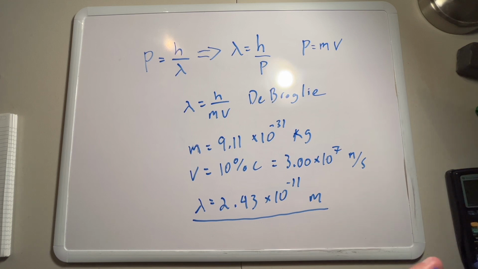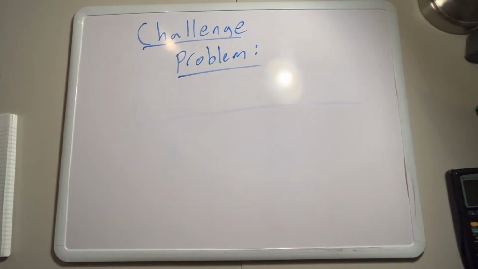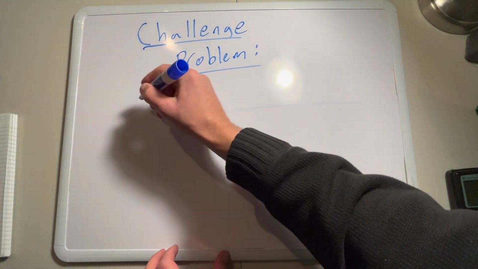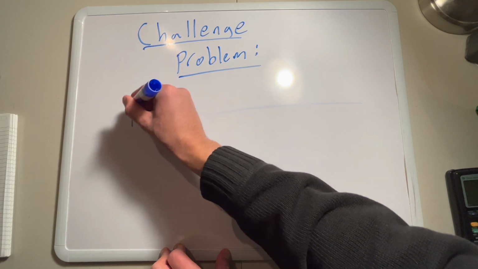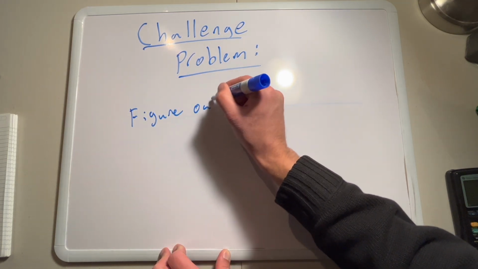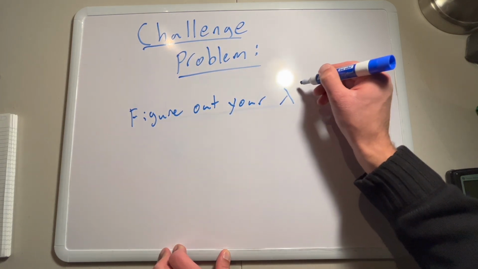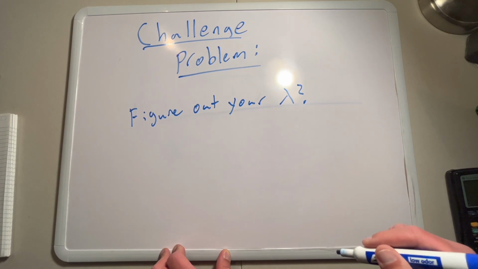And this is already a very long episode, but I'd like to just end it off real quick with a challenge problem. Okay, so your challenge problem is to figure out your de Broglie wavelength.